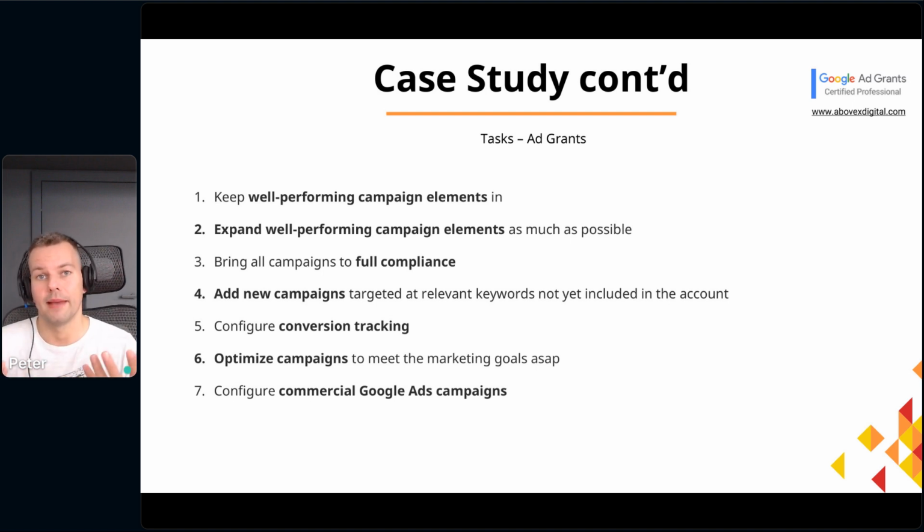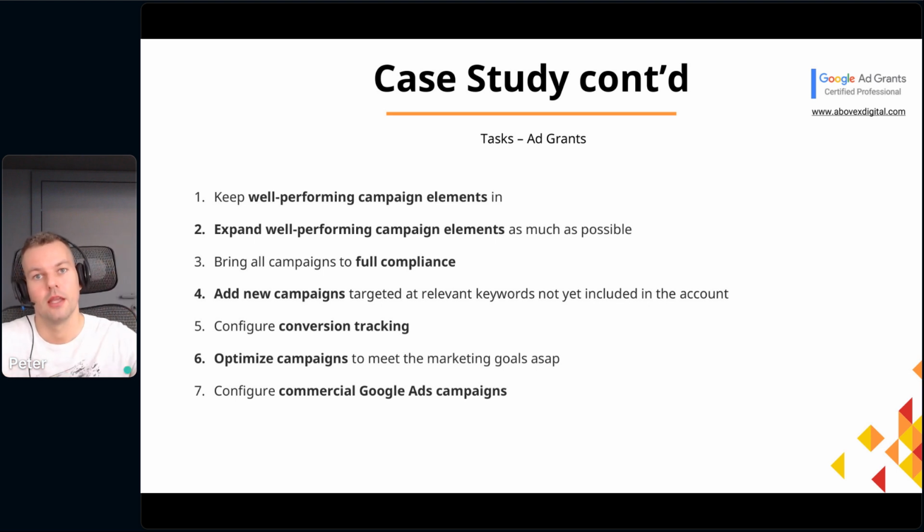So we take a look at their campaigns and we say, okay, which campaigns work well, which ones we keep, because they use the full grant, right? So we need to reduce budgets and bids in some of those evergreen campaigns to free up budget that we then use for fundraising campaigns. We also need to make sure that their account is obviously compliant, that they can track conversions, etc. So that's what we do in the ad grants account in preparation for the fundraising grant.